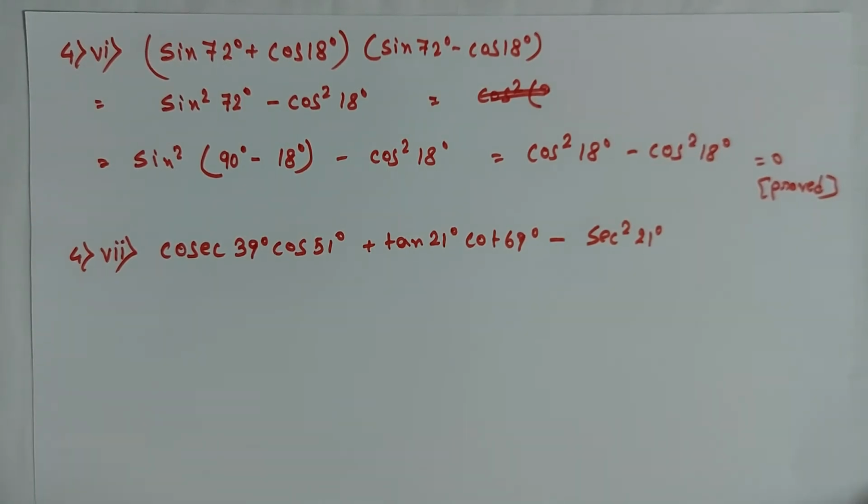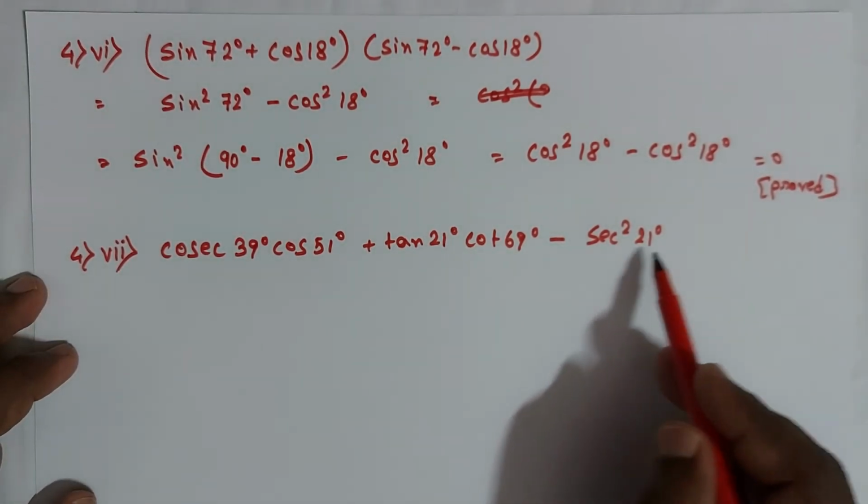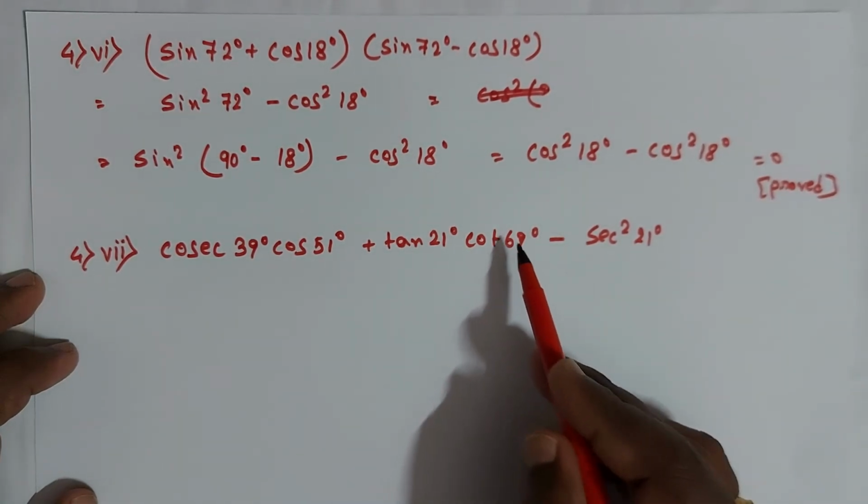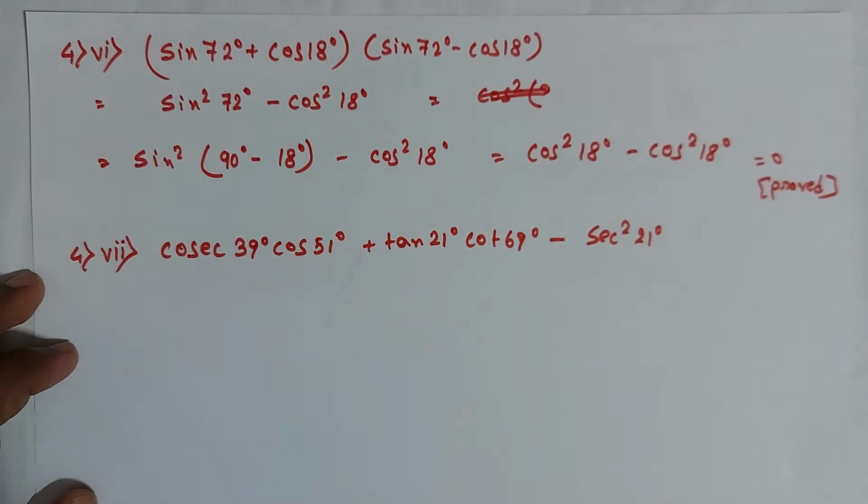Similarly here, we will try to apply the formulas. Sec square 21 is already there. We know that tan square theta minus sec square theta is equal to minus 1. So to bring tan square theta, this cot 69 must be converted into tan.